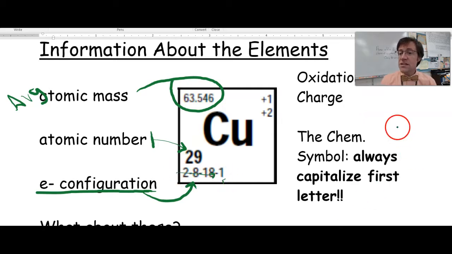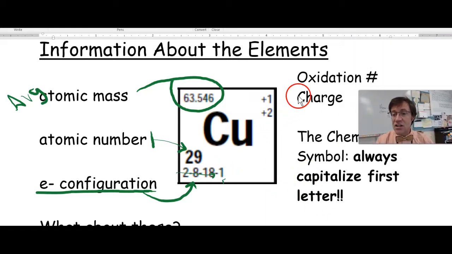Right? And there's this other thing over here called, wait, let me get you over here. Oxidation number and charge. So oxidation number and charge. We will talk about what oxidation number is. It's really similar to charge, but that's right here in this corner. And this is not to say that copper is always walking around the world with a +2 and a +1 charge.